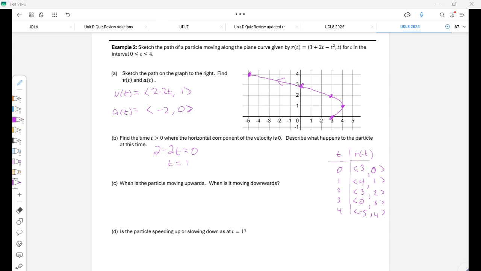And sure enough, our particle is doing both. It's moving up the whole time, but at one point it does stop moving to the right and starts moving to the left. So you can get those one-dimensional questions inside of these two-dimensional problems by focusing on a specific component. So at time t equals 1, the particle changed from moving right to left.